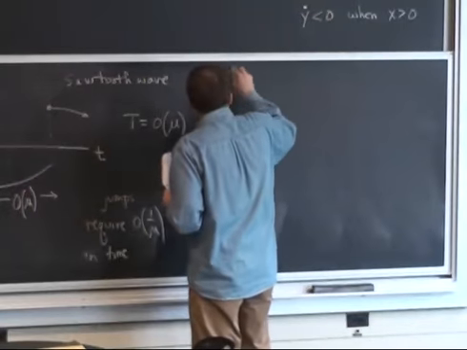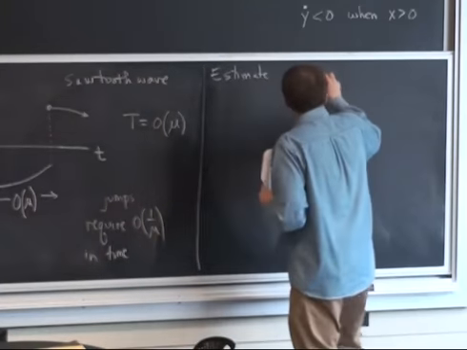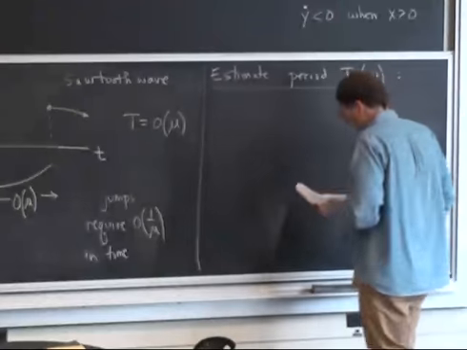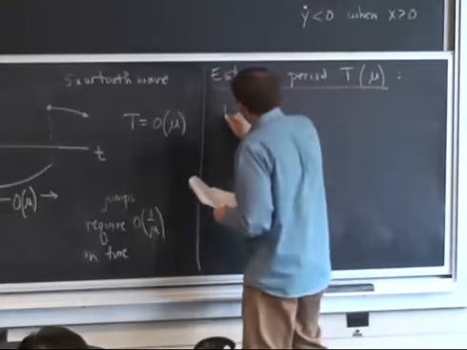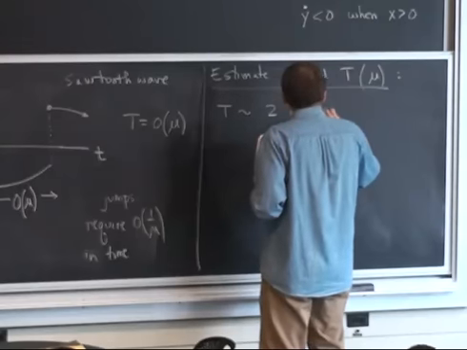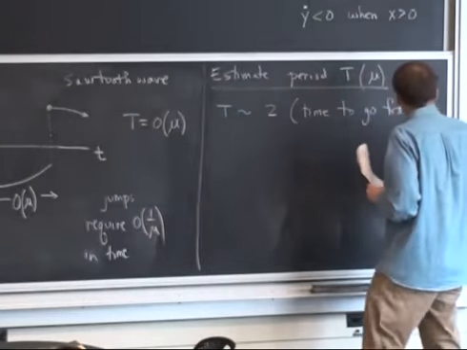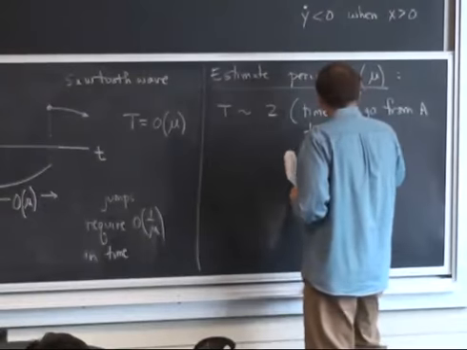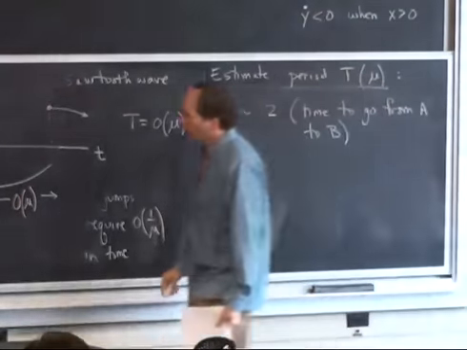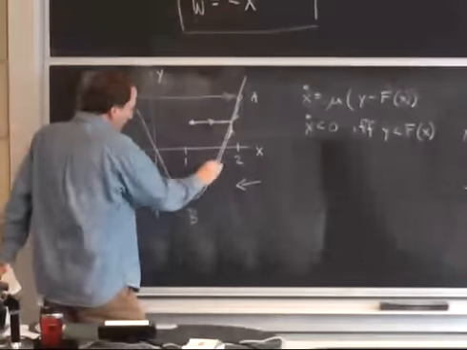Okay, so estimate the period. Well, as we said, the period is approximately 2 times the time to go from A to B. And we know that when we're going from A to B, this place down here, we're essentially on the nullcline.